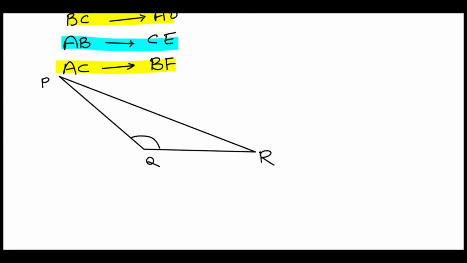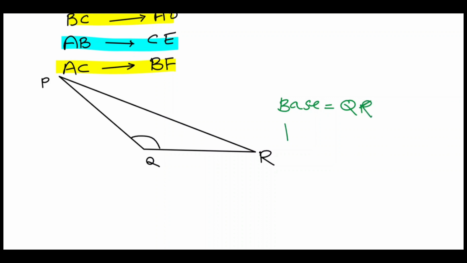Already we discussed the same case above. Here also we have three possibilities because there are three sides. Any side we can consider the base. Now I'm going to consider QR as the base. Now what is the height?